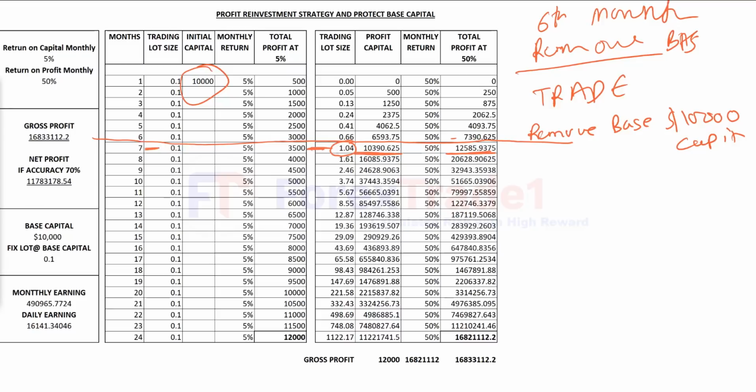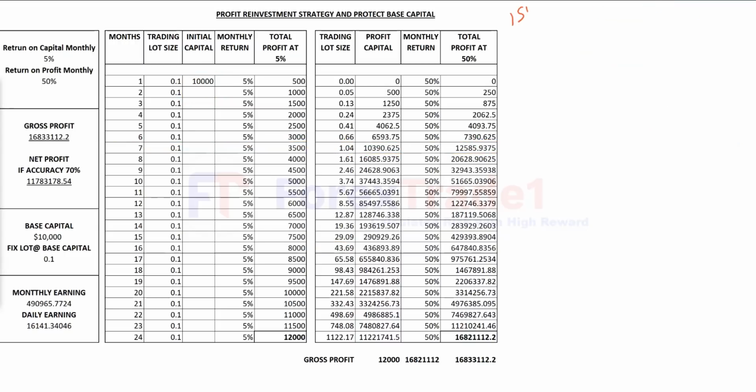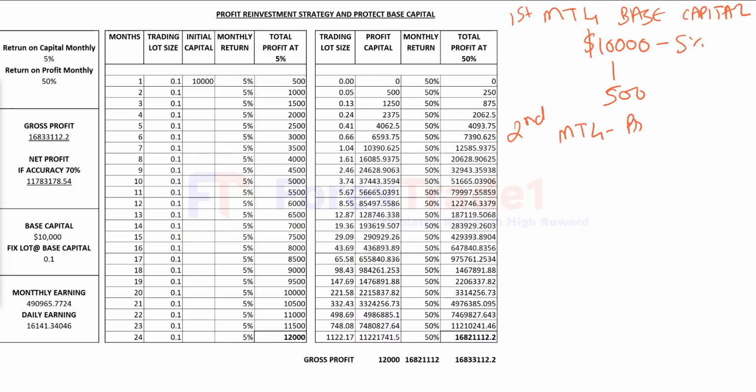One more thing we want to describe: at the end of the 16th month we require you to open another, third MT4 account. The first MT4 account is for your base capital, $10,000 for 5% return. And for that $500 profit, we require the second MT4 profit reinvestment account.